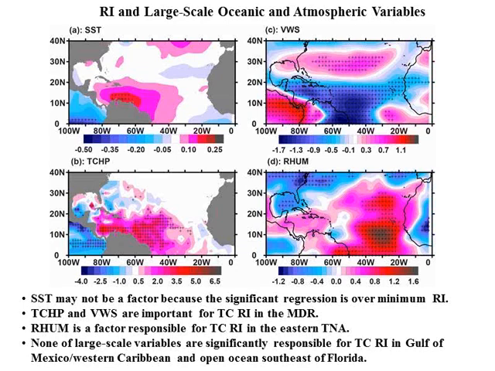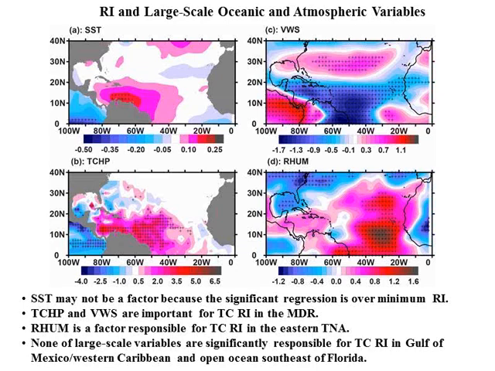Second, we take a look at the TC heat potential. We have a strong significant correlation over the MDR region and this region, and the vertical wind shear also shows a strong significant correlation over the MDR region. And the humidity shows significant regression over the East tropical North Atlantic.